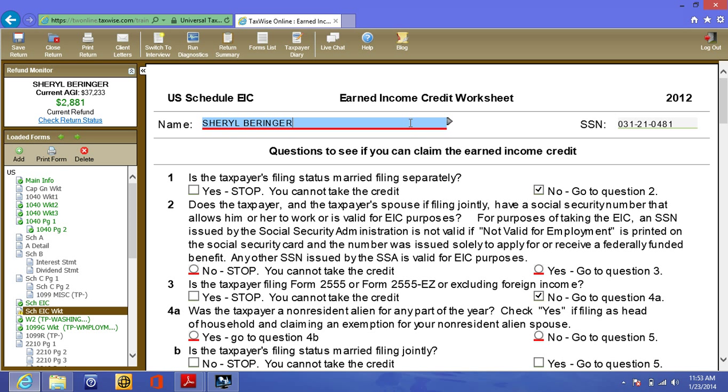So we're going to click up in this box and hit F3, which will take it away. So next, let's read this. Does the taxpayer and the taxpayer spouse, if filing jointly, have a Social Security number that allows him or her to work? And so the answer to that is yes, she has a valid Social Security number.